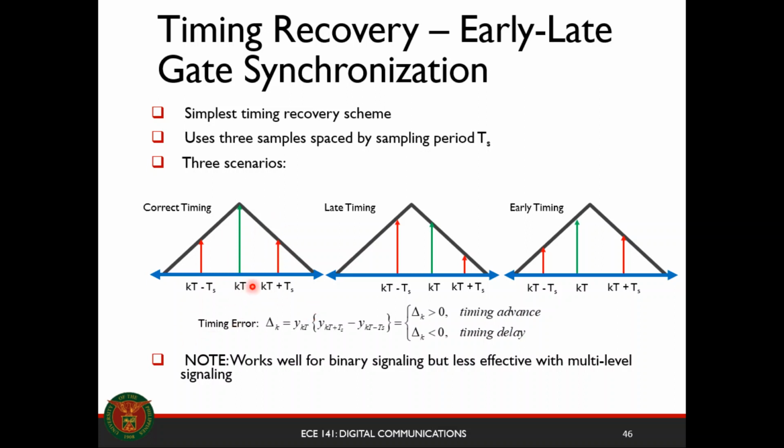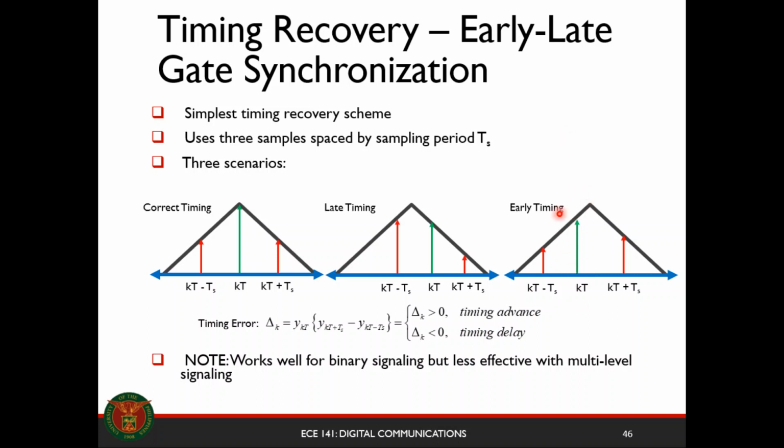If your timing is late, then the difference between the 2 samples here is not 0, therefore you have a timing error. If it's early, there will again be a difference between the 2 samples right here, around your supposed sampling point.